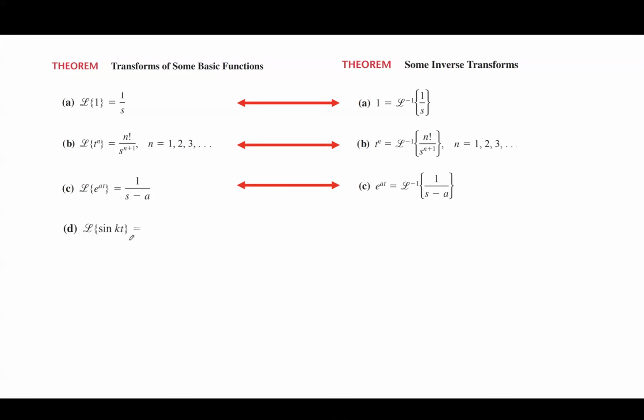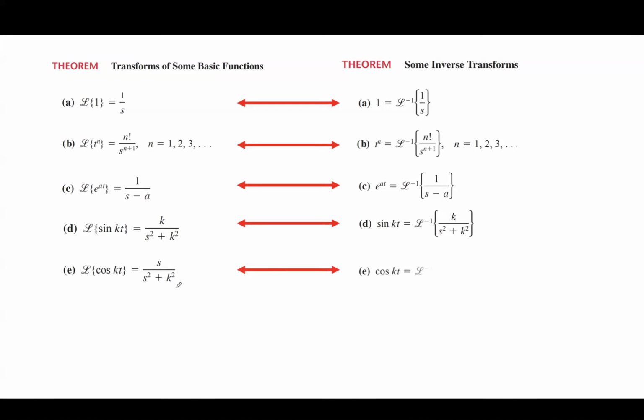The Laplace transformation of sine of kt is k divided by s squared plus k squared. Equivalently, sine of kt is nothing but the inverse Laplace of k divided by s squared plus k squared. The Laplace transformation of cosine kt is s divided by s squared plus k squared. Equivalently, we can write cosine kt to be the inverse Laplace of s divided by s squared plus k squared.